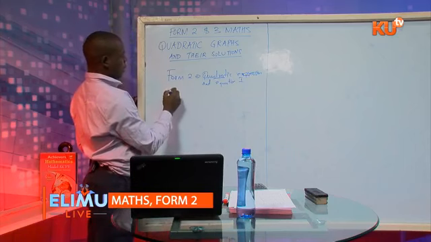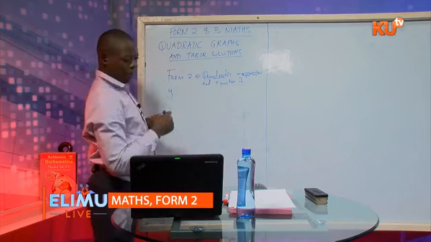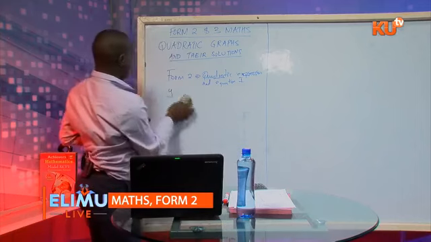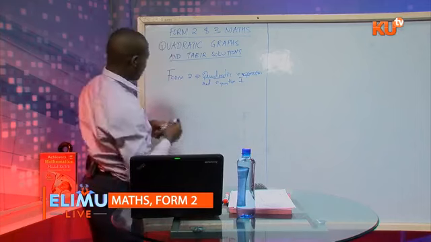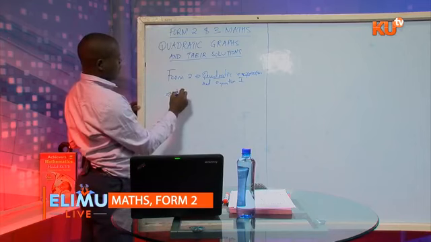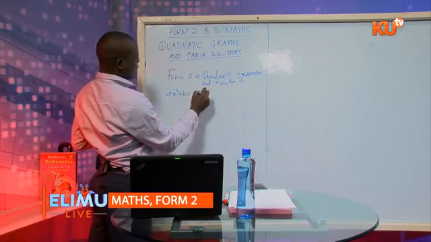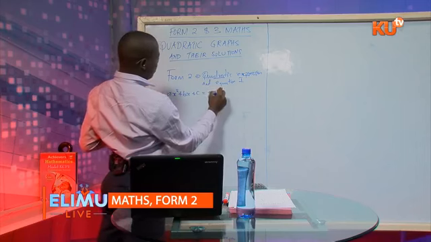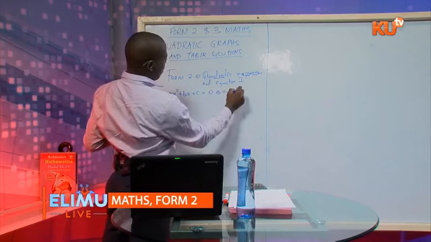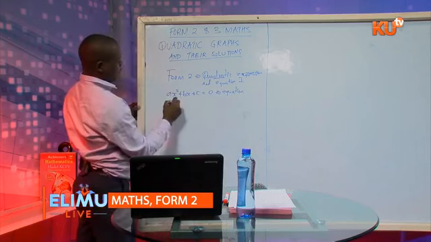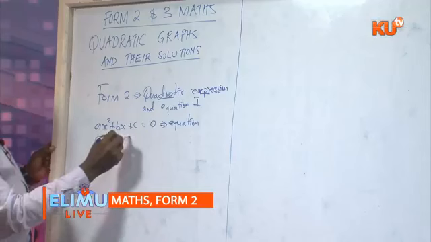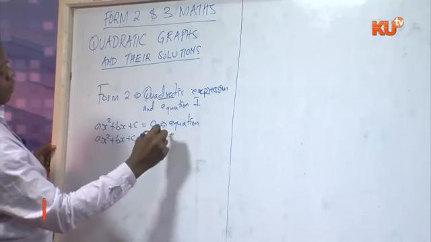A quadratic equation is given in the form ax squared plus bx plus c equal to 0. This becomes an equation. For an expression, ax squared plus bx plus c, this is now an expression.